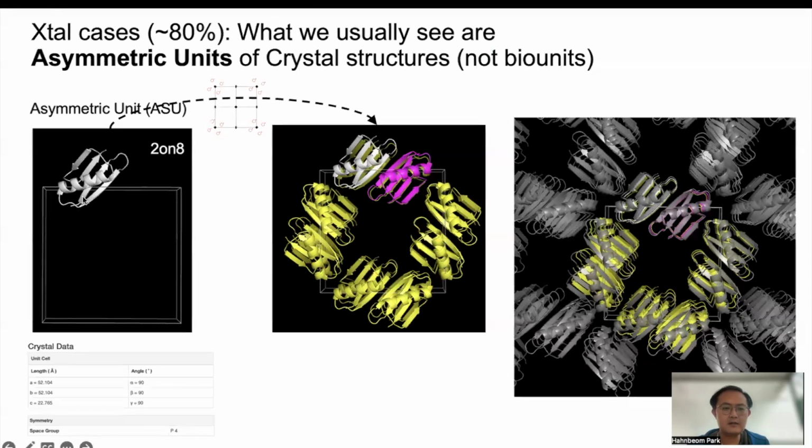And these asymmetric units often don't correspond to biological units. For example, in this case, the asymmetric unit is actually 4 copies of this protein, but the real biological unit is just a single chain. So what you observe in crystal packing is definitely different from what exists in protein or in biology. That's why there is a distinction between biounits and asymmetric units.